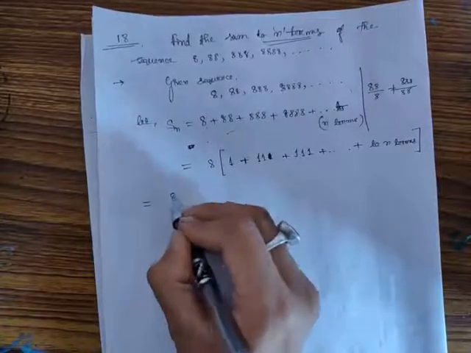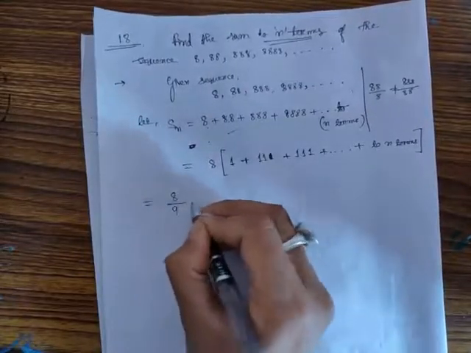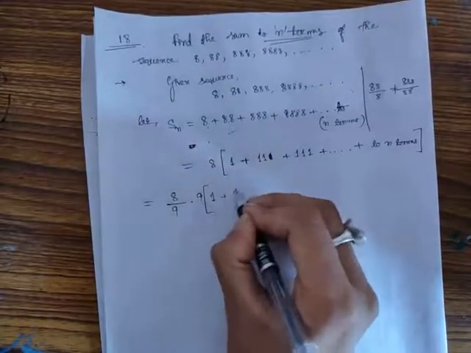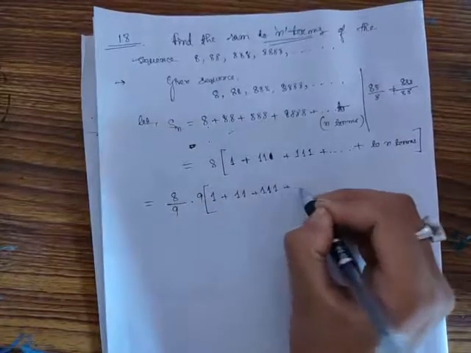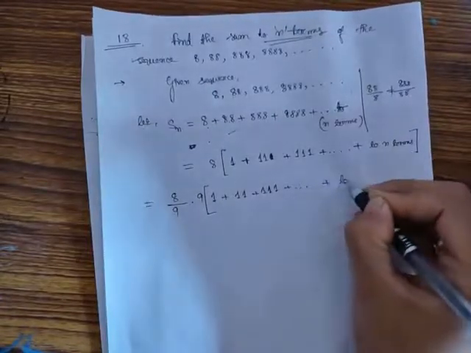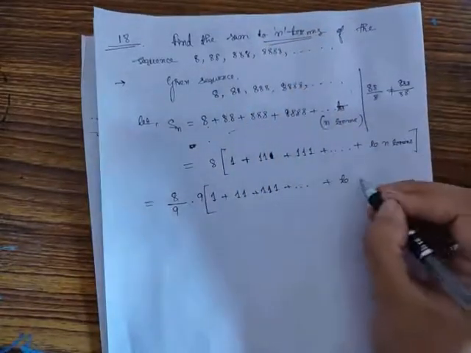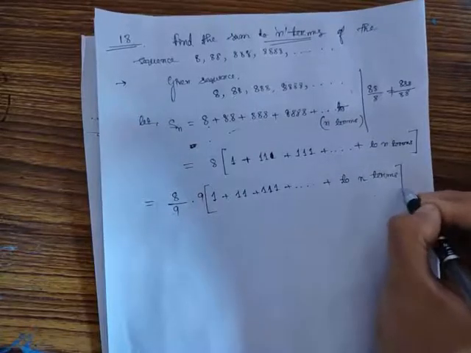After that we'll multiply and divide by 9 in each term, and what will we get? Again 1 plus 11 plus 111 goes on to n terms, because we are asked to find the sum up to n terms.